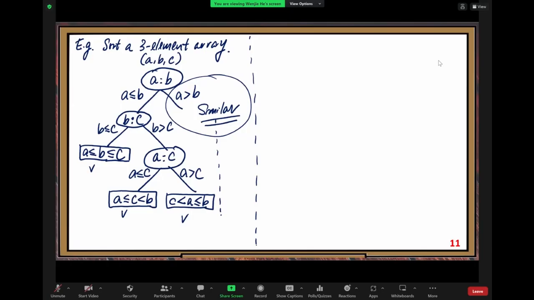Now we need to do the same thing, this time on the general, abstract problem: sorting an n-element array.